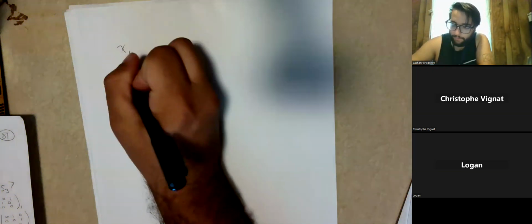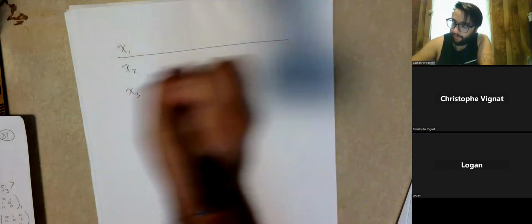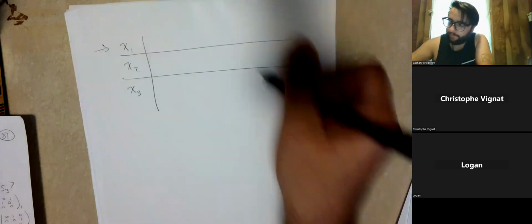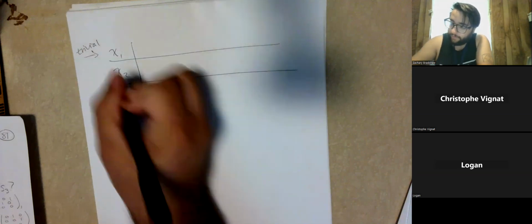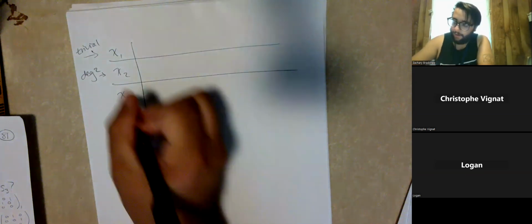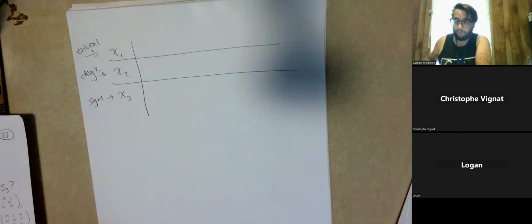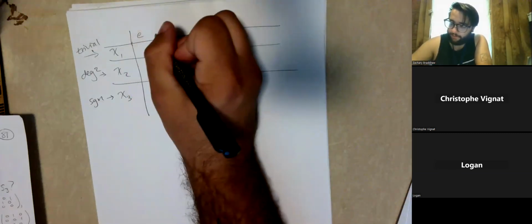I'll call them chi1, chi2, and chi3. So this is the trivial one. This is the degree 2 representation, and this is the sign representation. And above it, let's put our group elements.